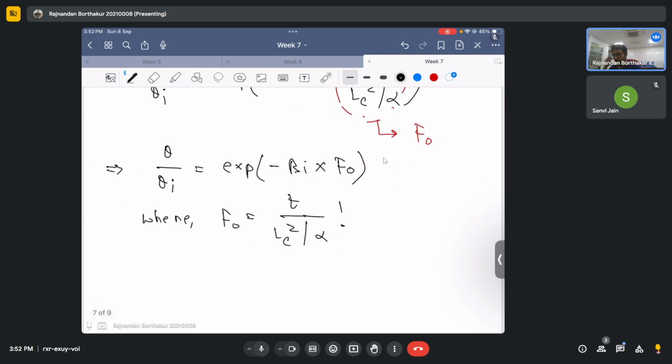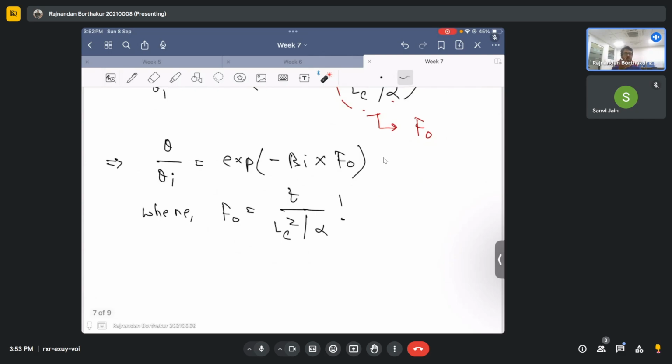Now can you tell me, is this Fourier number dimensional or non-dimensional? Think about it.